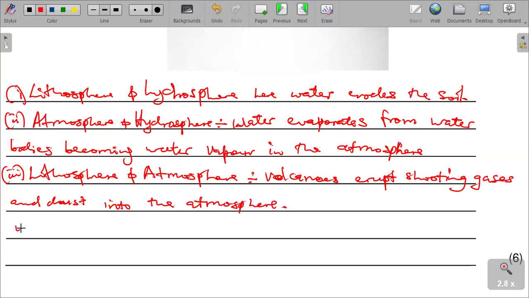And then we have also the biosphere and the atmosphere. Here we need to explain the interaction between the biosphere and the atmosphere.